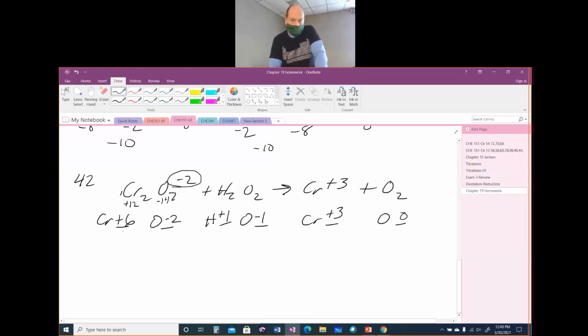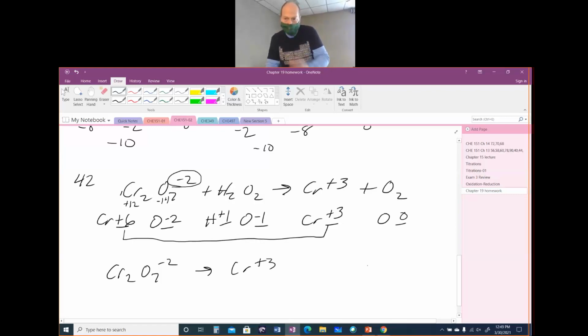All right, so we see that our chromium is going from a +6 down to a +3. It is being reduced from a 6 to a 3. And so our Cr2O7 2- going to Cr plus 3, that is our reduction half reaction. All right, and so we see that we are going to gain 3 electrons per Cr.